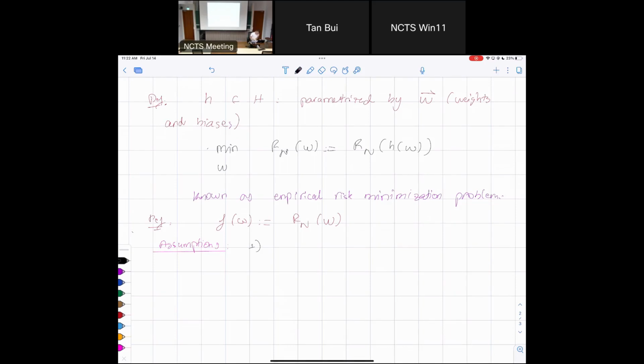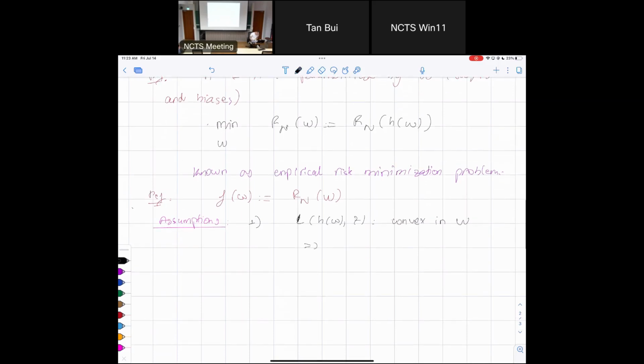We assume that the loss function, which is in terms of h and therefore a function of omega, is convex in omega. And therefore we indirectly assume F of omega is convex in omega.